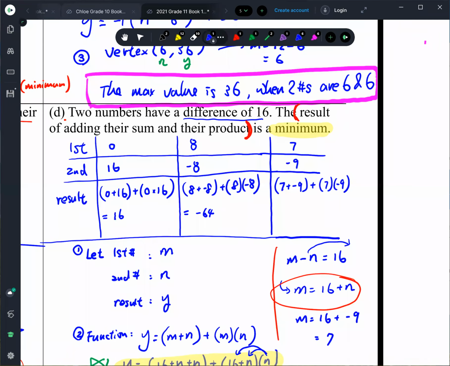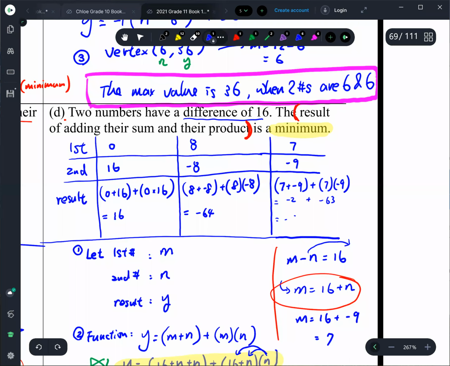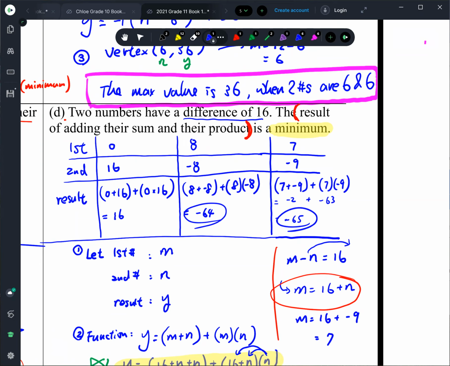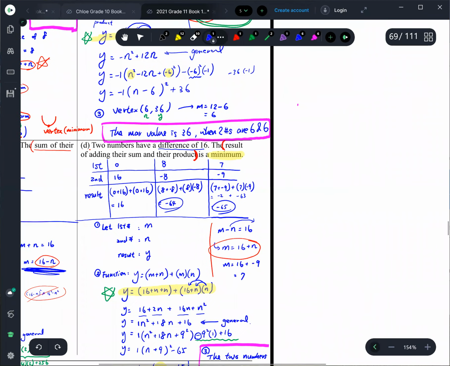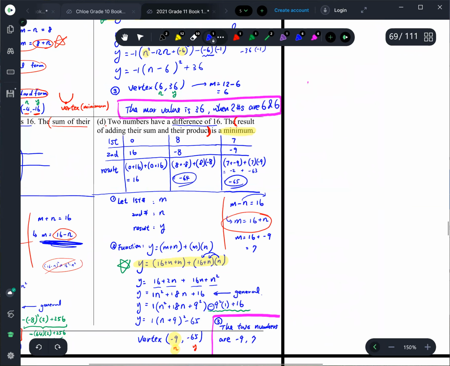You can try it out, right? 7 plus -9 is -2. -2 plus, what's that? -63, right? That gives you -65. So that is lower than -64 by a little bit, right? So it's still lower, minimum, okay? -64 is pretty good, right? But it's not there yet, right? Not a minimum. Okay, so with the function, we can guarantee -65 is as low as we can get to.